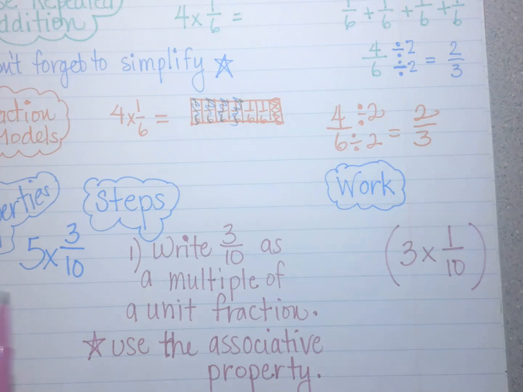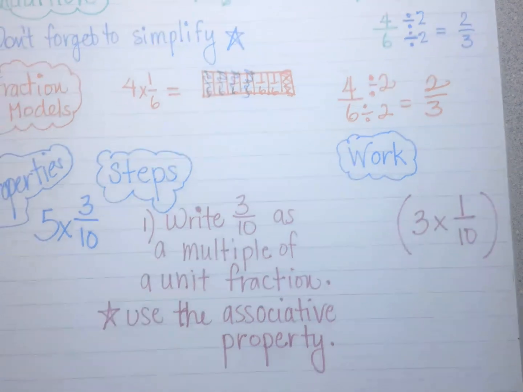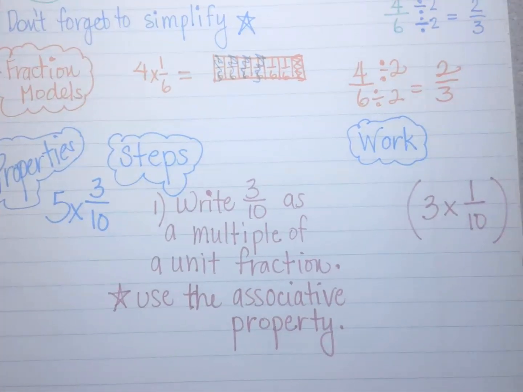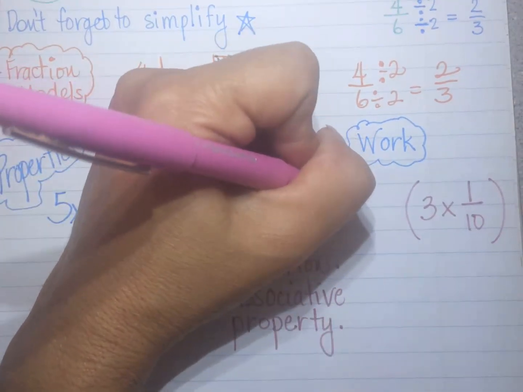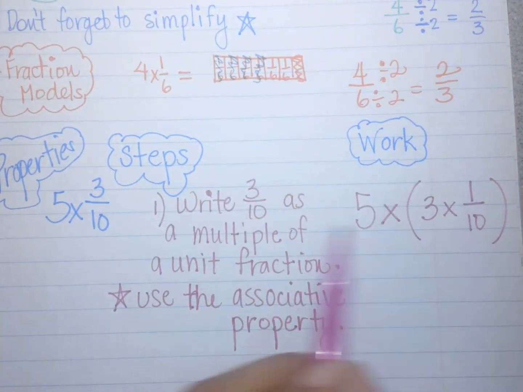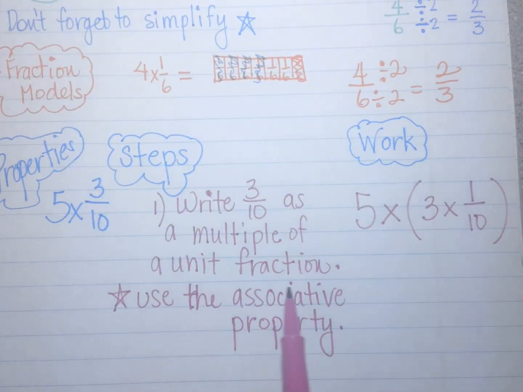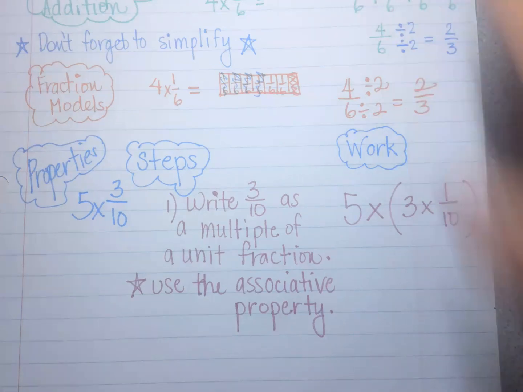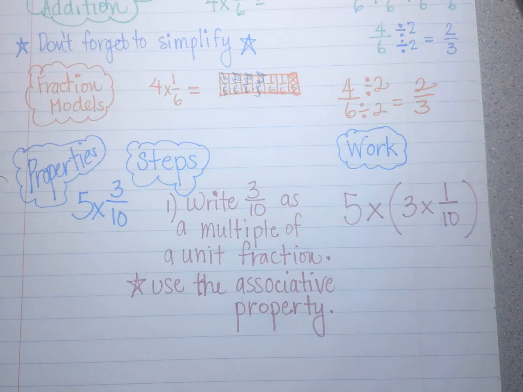Now what's missing here is the whole number. That would be 5 times 3/10, but 3/10 had to be written as the multiple of a unit fraction. I want you to write that down and think about it a little.